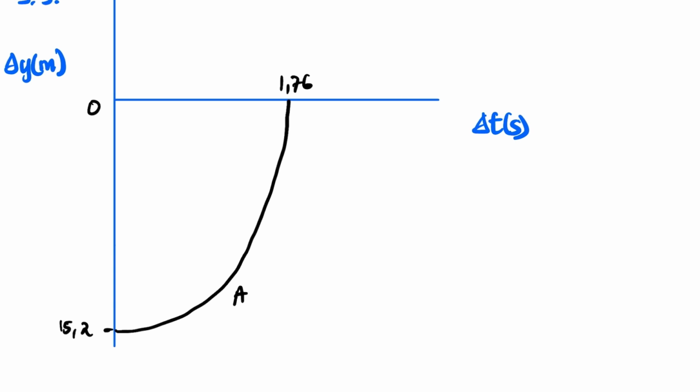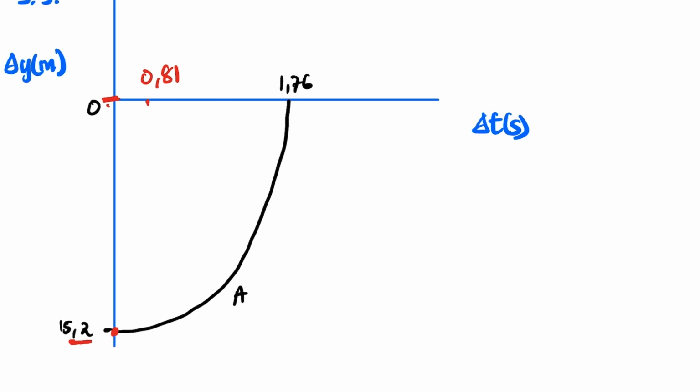Now let's draw for ball B. Ball B starts from the ground, guys. This is the ground, right? Ball A starts from the height to the ground. So for ball B, it starts from the ground, but how long did it take to start? It starts later. It didn't start here at 0. It started at this point, at the time of 0.81 seconds.